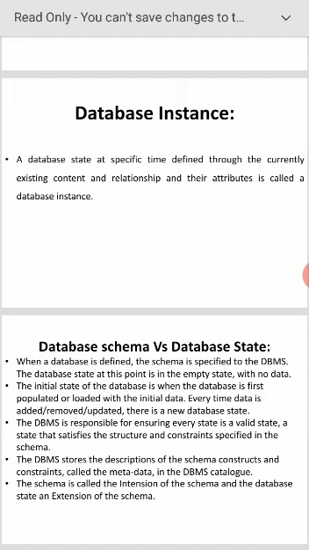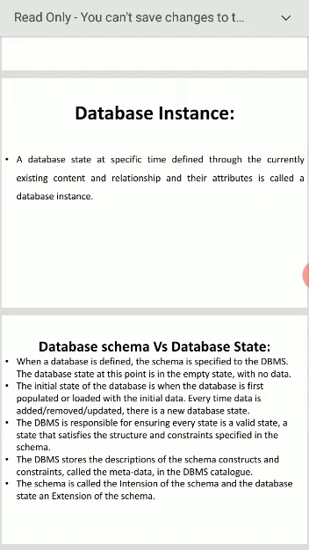Then after that, initially you have to give the data. Then after that, there is a new database state. If you add one record, one piece of information, one tuple, that is the initial state. That is called a new database state, because we added only one.